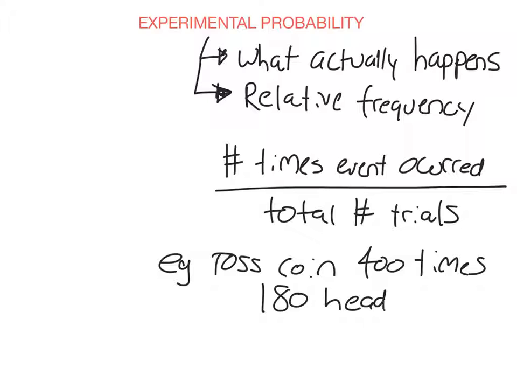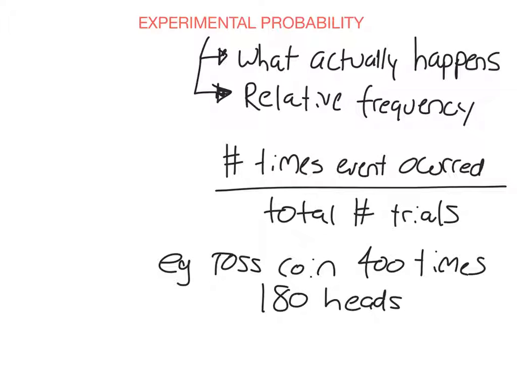heads. So the theoretical probability of getting heads is still a half. I still expect that I will get heads half of the time. I still have a theoretical probability of a half because there are two outcomes and one of them is heads.